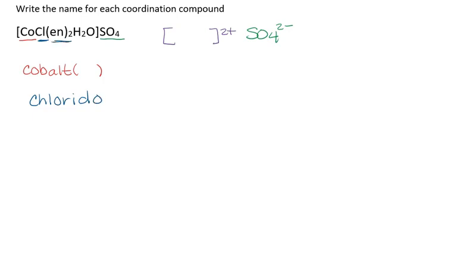We also have an ethylene diamine, and there are two of them, so that will be bis. Remember, we have to use the special prefix if there's already a prefix as part of the name of the ligand. So this will be bis(ethylenediamine). And we also have water, only one of them, so that ligand is aqua.